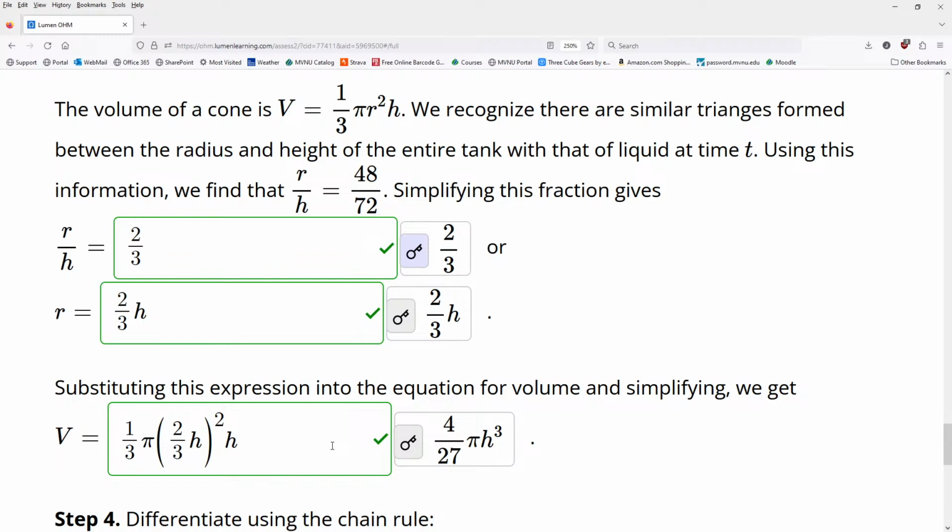If you message me through Lumen, I'll get the key, even though you can't see it, and then I can maybe give you a hint, like you just left off the 4. Here, you might easily write this as 2/3 times h squared instead of 2/3 h quantity squared.